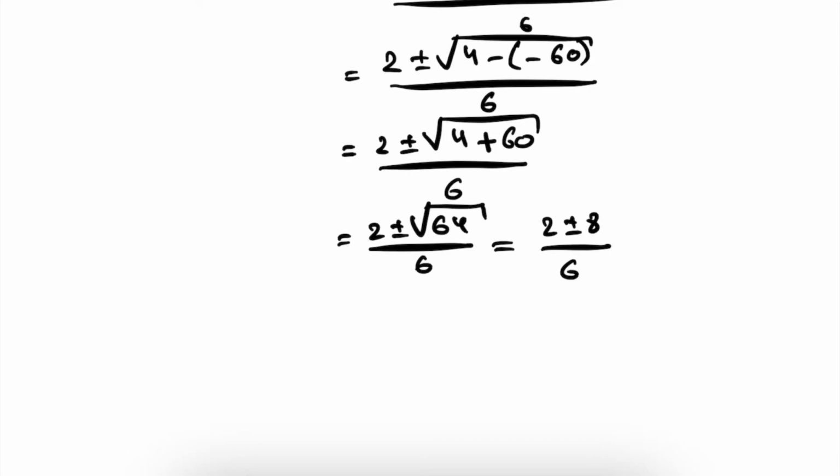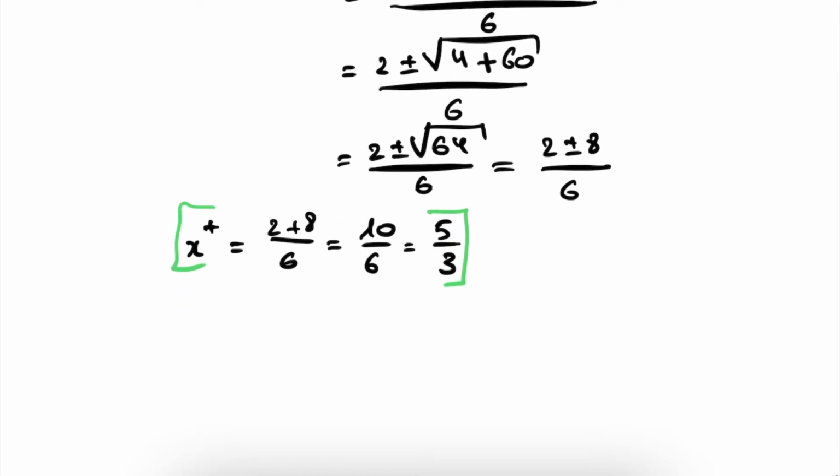So now we can get our two solutions. If we take the plus solution, then we get the following. 2 plus 8 divided by 6 is equal to 10 divided by 6, which can be simplified to 5 divided by 3. And this is our first solution. Then, if we take the minus sign here, we get 2 minus 8 divided by 6, which is minus 6 divided by 6, which is minus 1.